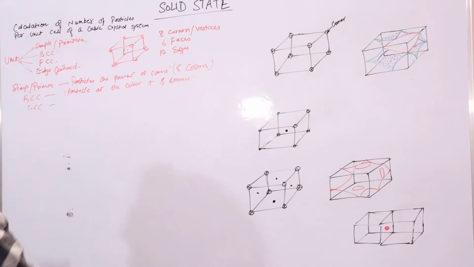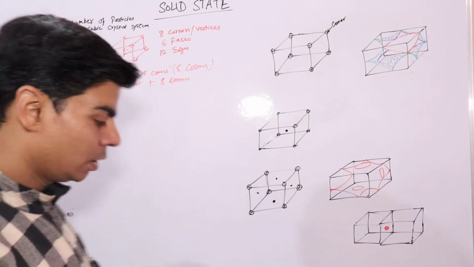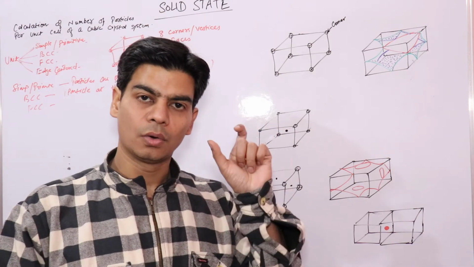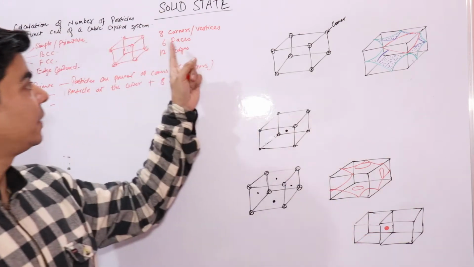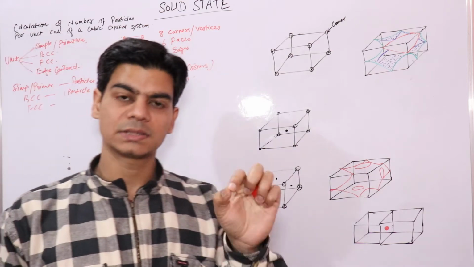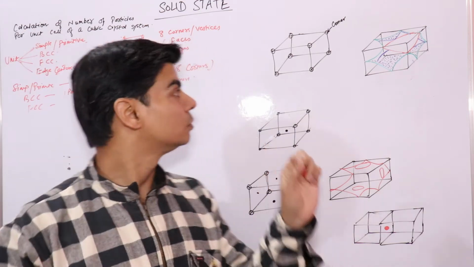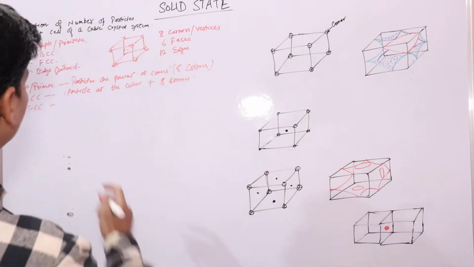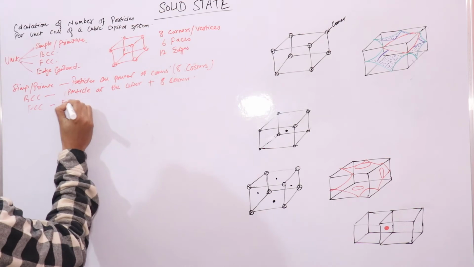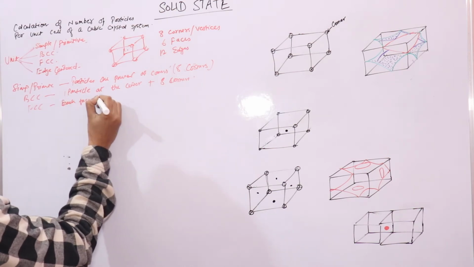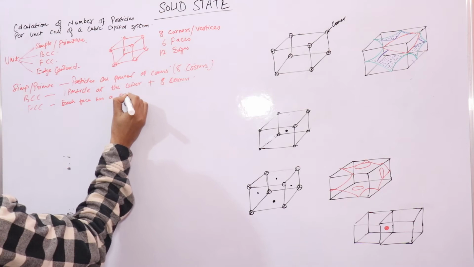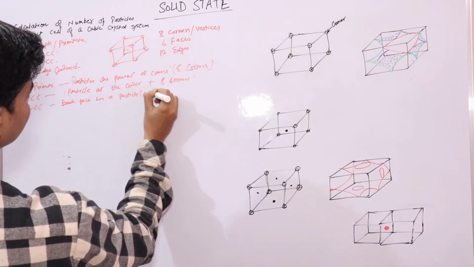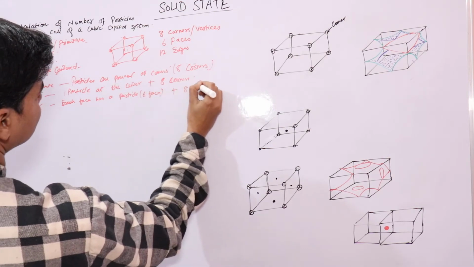Similarly, in FCC we have particles present at the faces of the cube. We have 6 faces, so each face has a particle in the FCC unit cell, plus 8 corners.